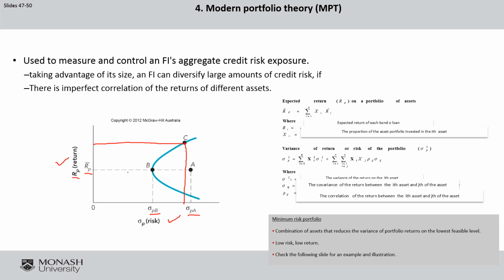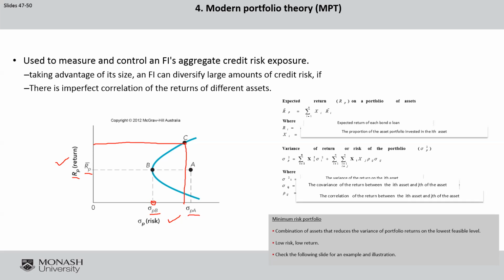But the modern portfolio theory will tell you, take the least risk and see how much return it gives you. So if you take the least risk, actually B is better than A for sure, because A is risky and giving the same return.